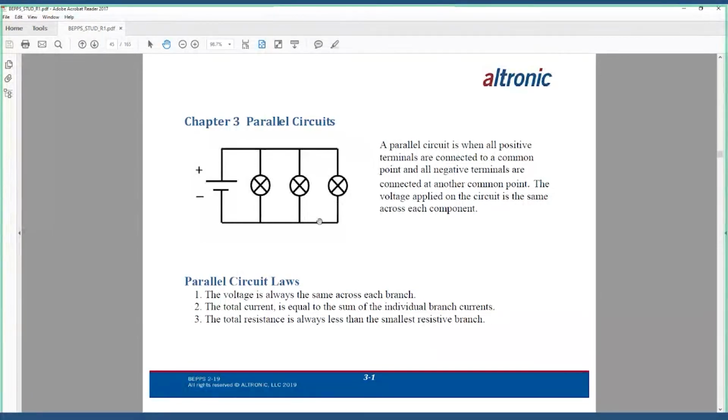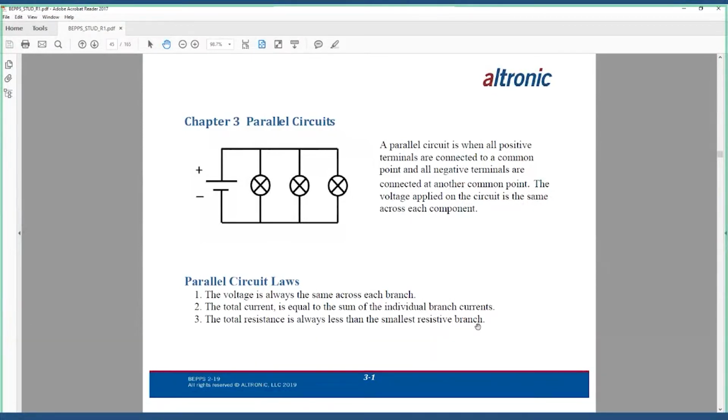The total resistance is always less than the smallest resistive branch. Think about that. If I measure resistance from this point to this point, the total resistance is always less than the smallest resistive branch.